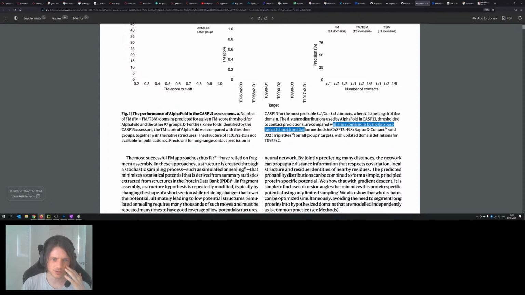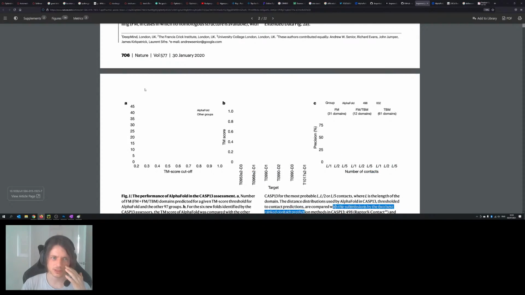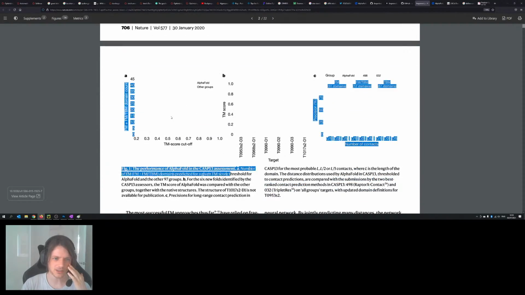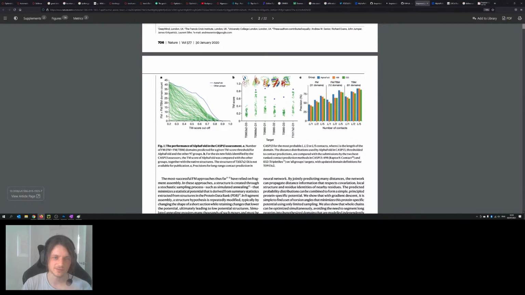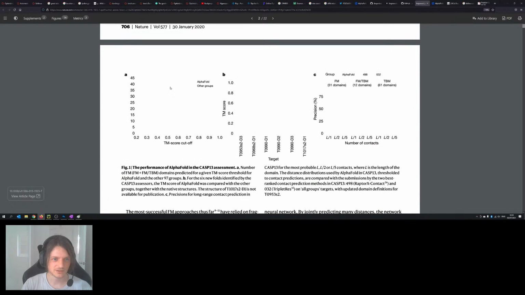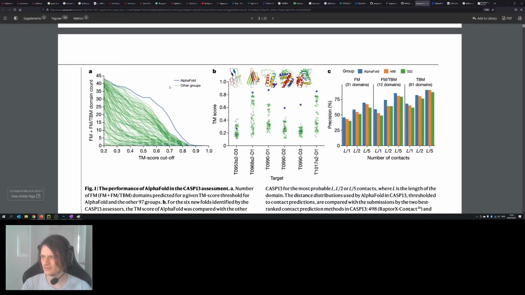This is for figure 1. Excuse me, cough, sorry. Ah, the scores are gone. Maybe I zoomed in too much. Yeah. Can I zoom in now? Nope. There we go. Cool. So AlphaFold is greatly better. Score cutoff. The domain count.